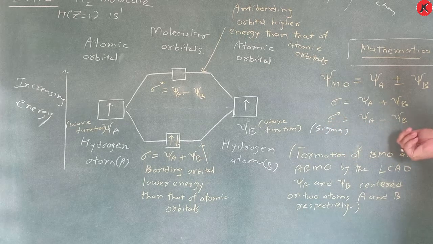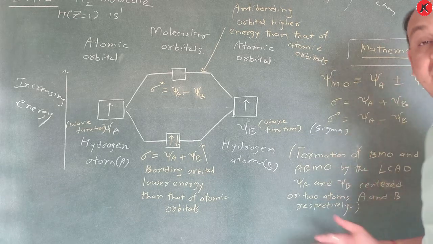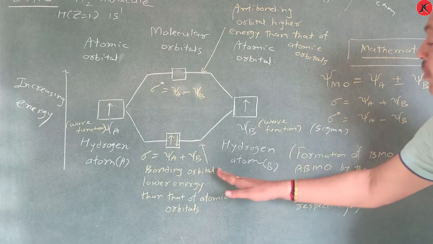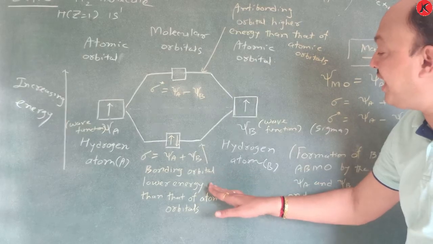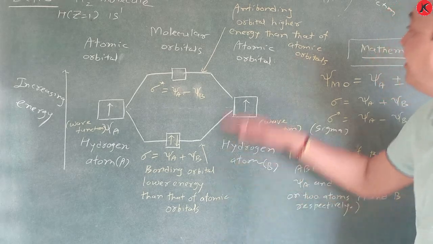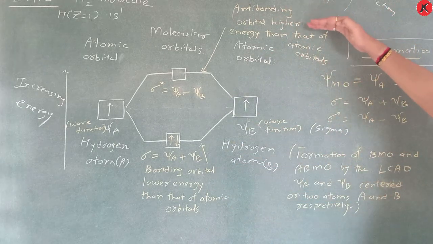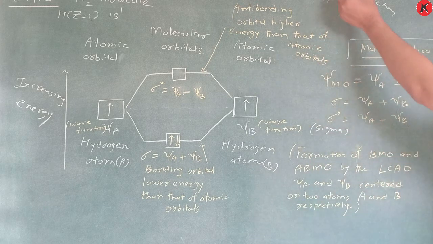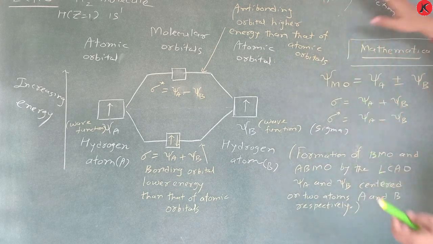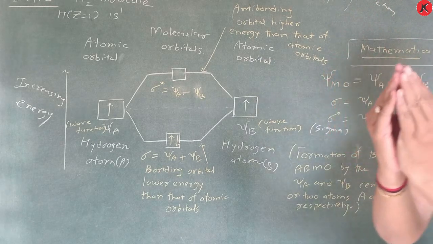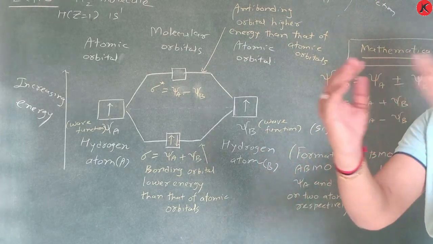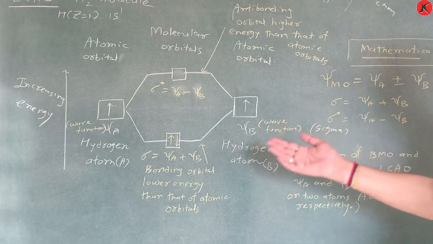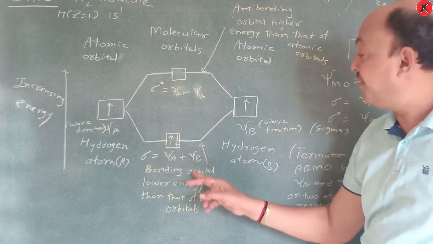Sigma star is nothing but psi A minus psi B. So mathematically we have expressed certain terms, and that is nothing but the bonding orbital having lower energy than that of the atomic orbitals, and the anti-bonding orbital having higher energy than that of the atomic orbitals. In terms of the electron and the nucleus, attraction is there, that means addition, and repulsion is there, that means subtraction, and due to that the energy is different.